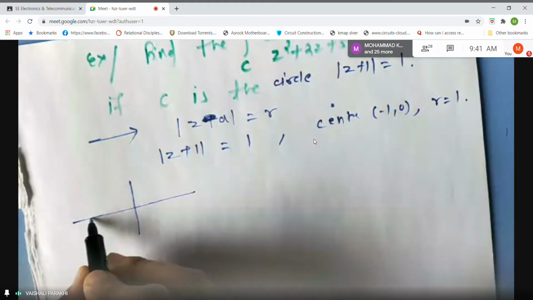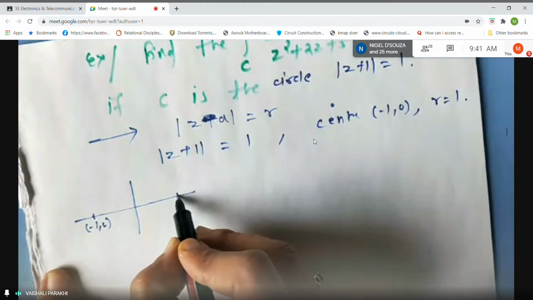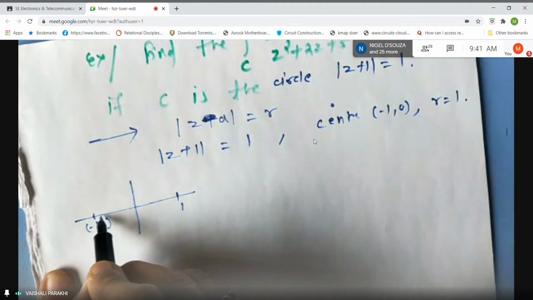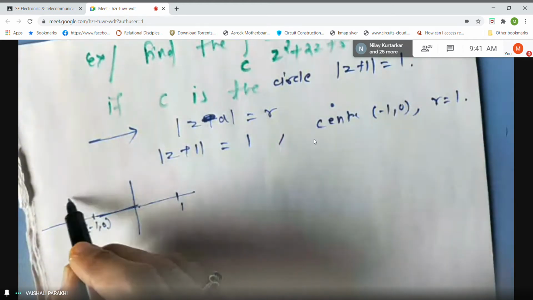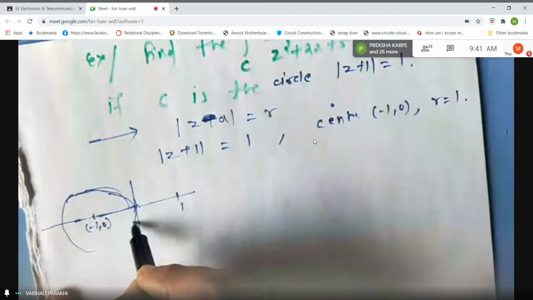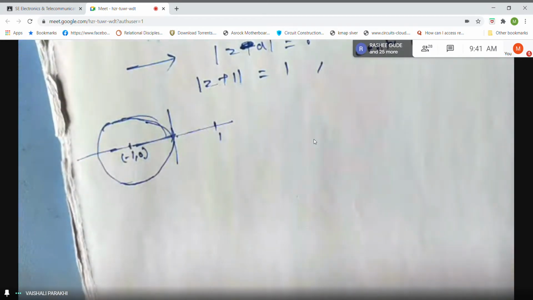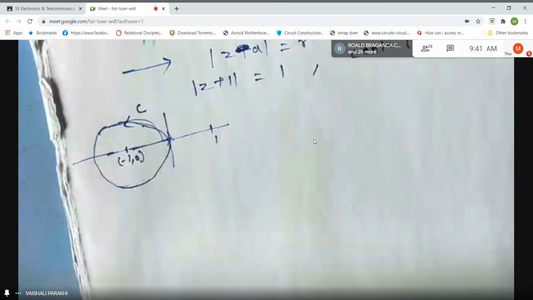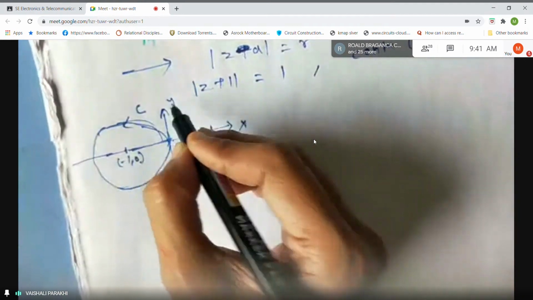Minus 1 comma 0 will be somewhere here, right? This will be 1. And what is the radius? Radius is 1. So your circle will be like this. It will be touching here. Okay? And this is your curve. This is the x-axis. This is the y-axis.